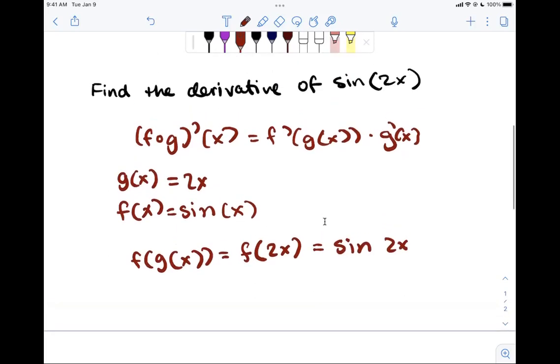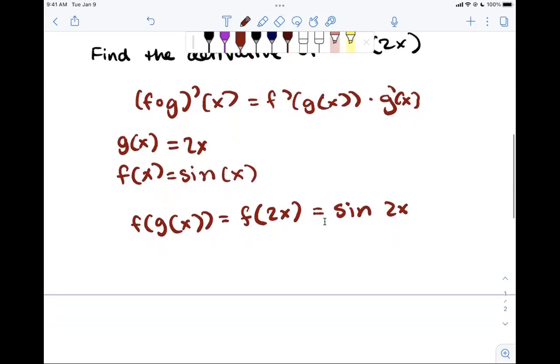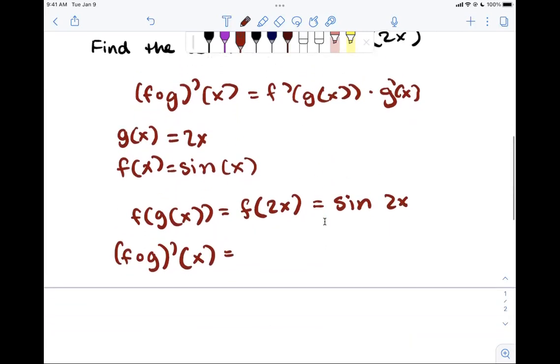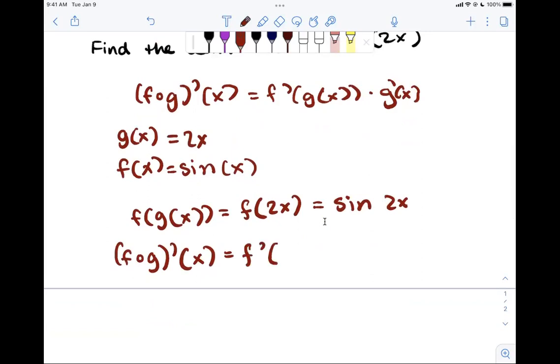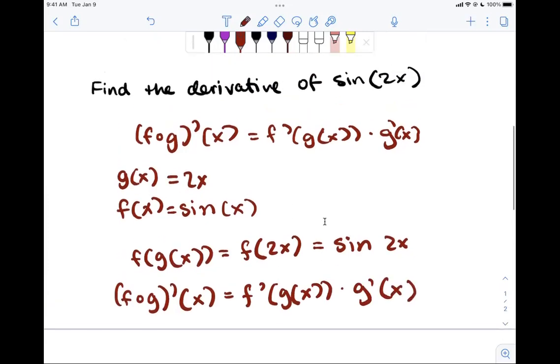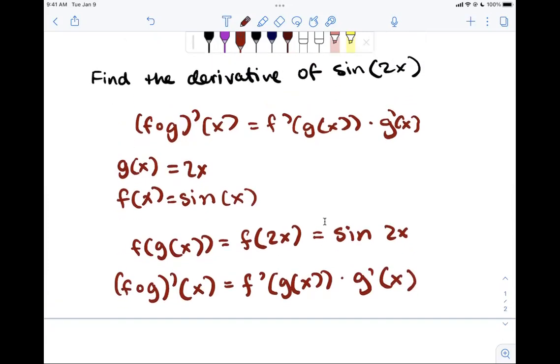And so now the derivative of sine 2x is going to be (f of g)' of x, and we're going to use this formula now. That's f prime of g of x times g prime of x. So what is f prime of g of x? f is sine, so the derivative of sine is cosine.